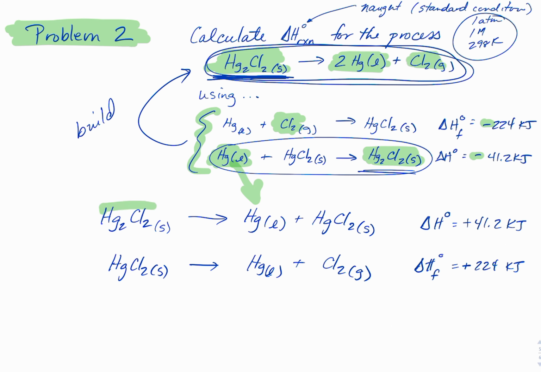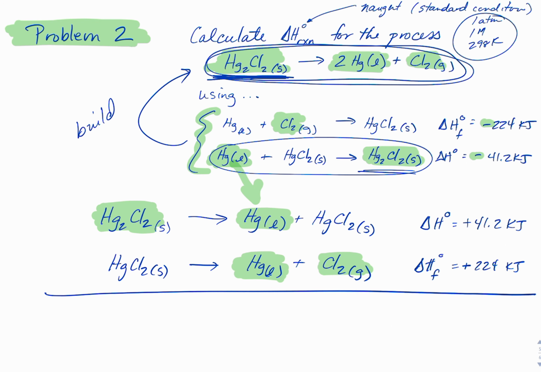So I've got reactant, product, product. The second reaction even had another version of that product of mercury, and that's okay. Now that you have built your reaction with these other chemical reactions, you add everything together: the reactions, substances, and the delta H's.